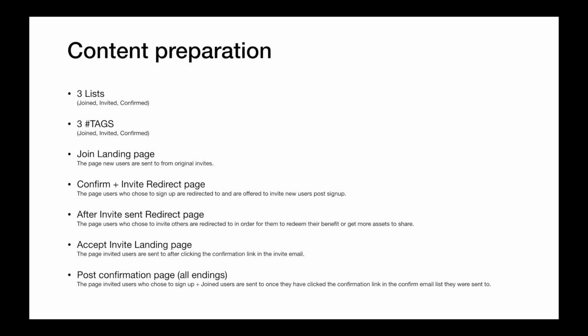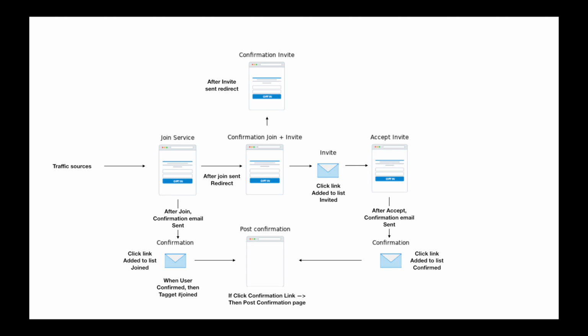So the loop that we've created today looks like this. The traffic sources come into the join service page, or the join campaign page. If they choose to join, they are sent to a page where they can invite other people. Once they've invited people, they are sent up, as you can see here, to the confirmation invite page.